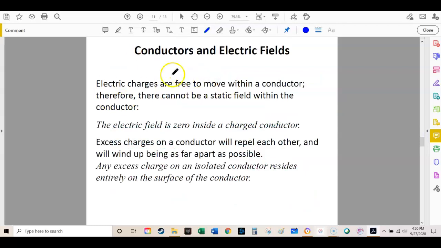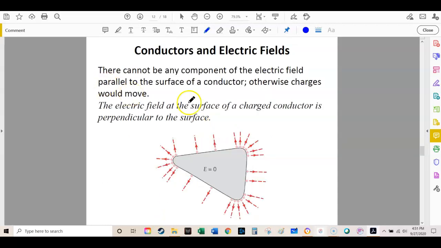So, the point of conductors with electric fields is that the electric field is zero inside a charged conductor, okay? And that any excess charge is isolated and resides entirely at the surface of the conductor, right? Because that's what a conductor does. And the electric field lines will be perpendicular to the surface everywhere. Okay?